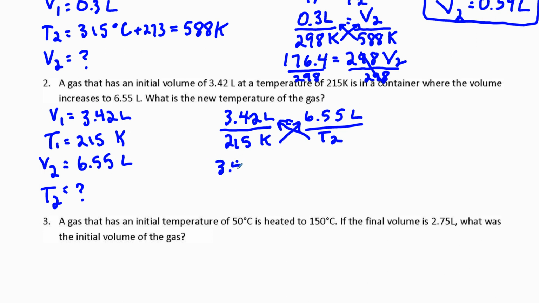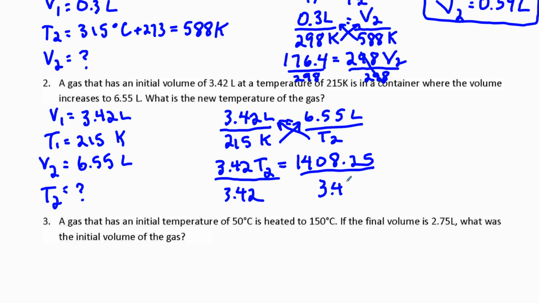We get 3.42 times T2, and 215 times 6.55 is 1,408.25. So now we want to isolate T2, so we're going to divide by 3.42 on both sides, and we get that T2 is equal to 411.77 Kelvin.